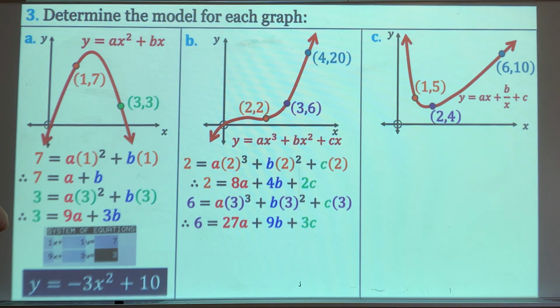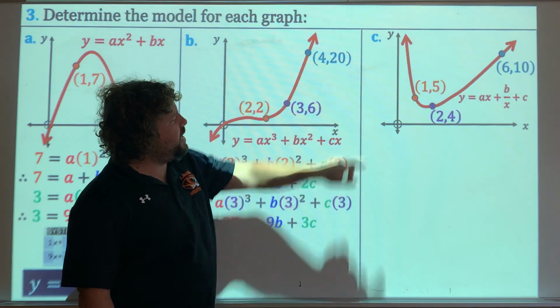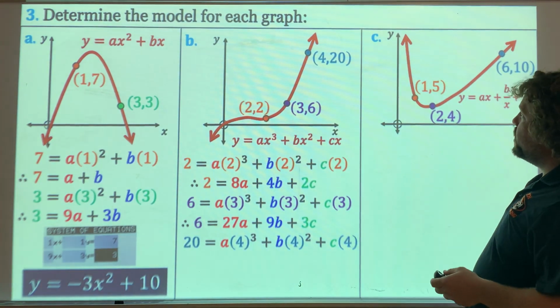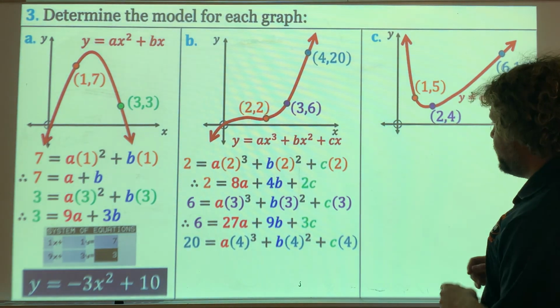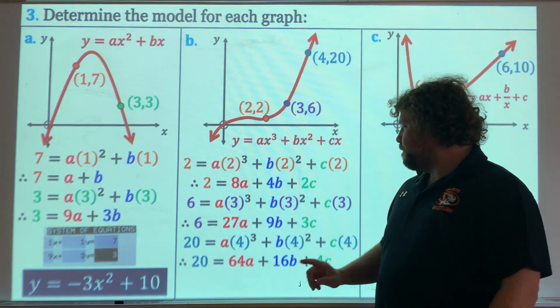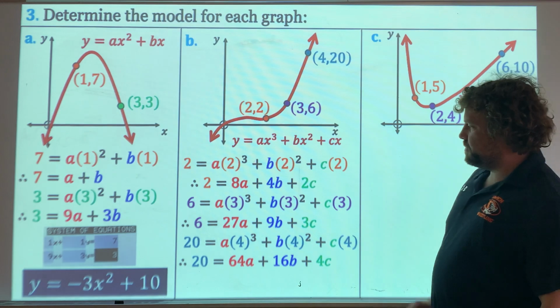That'll equal 6. And the last one, 4 and 20. 20 equals A times 4 cubed plus B times 4 squared plus 4C. 4 cubed, 4 times 4 is 16 times 4 is 64A, 16B, and 4C.